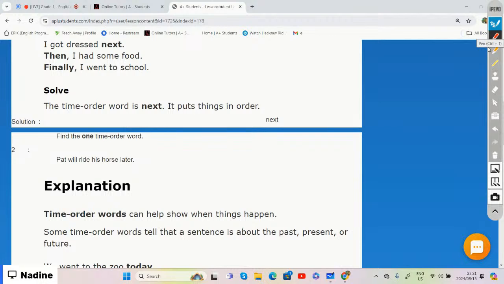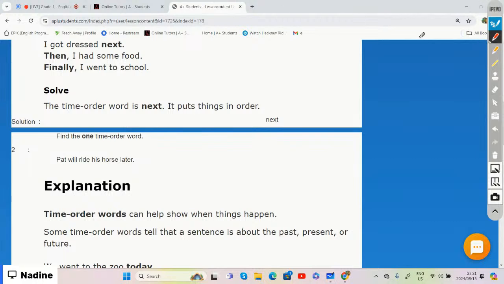That shows us when something happens. All right.